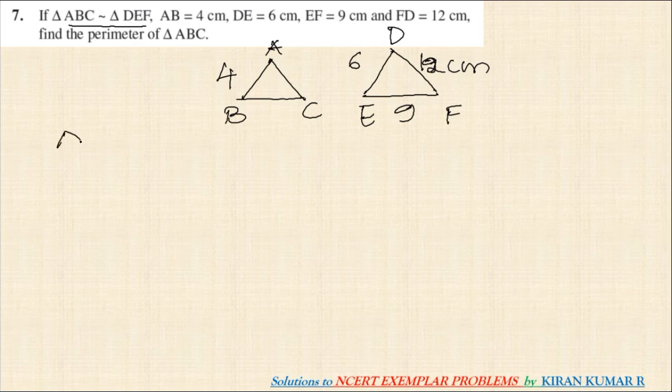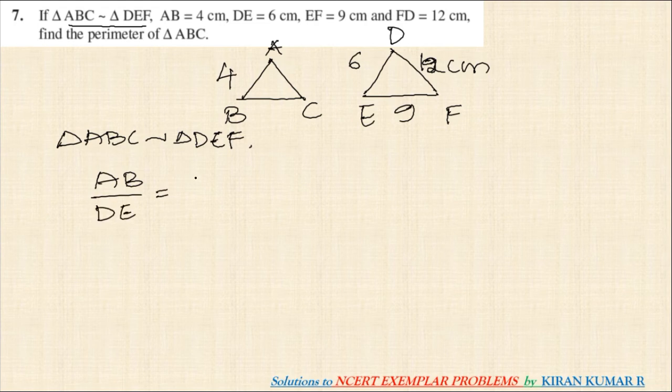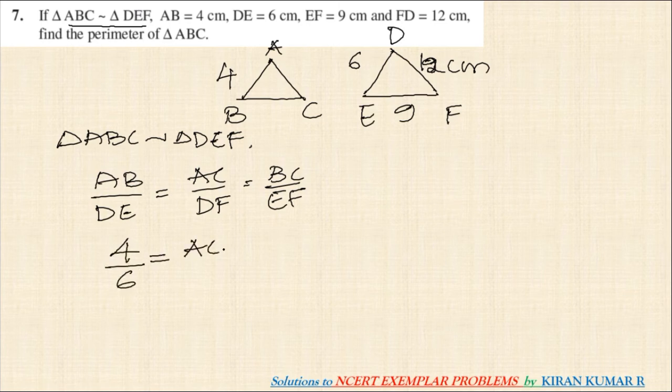Since the triangle ABC is similar to the triangle DEF, I can say that the corresponding sides are in proportion. AB by DE will become equal to AC upon DF. This will be equal to BC upon EF. Now, whatever the lengths are there, I will substitute. AB is 4, DE is 6, AC is not known, DF is 12, BC is not known, and EF is 9.